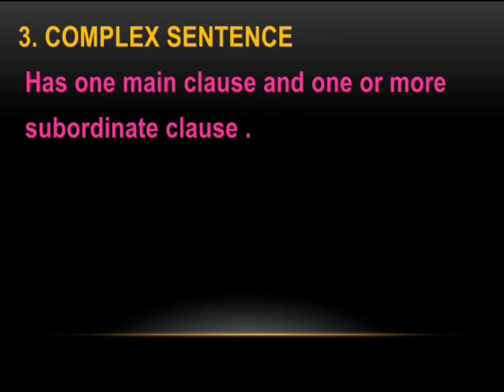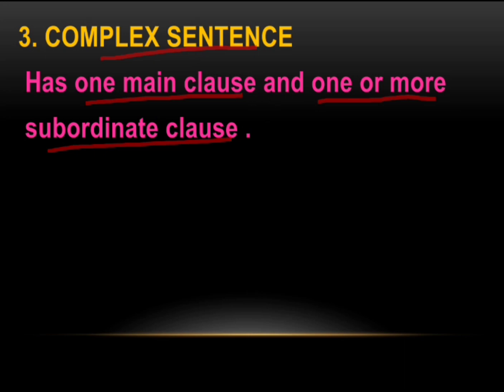The next type of sentence is called the complex sentence. The complex sentence has one main clause and one or more subordinate clauses. A subordinate clause is a clause which depends on the main clause to give a complete meaning.